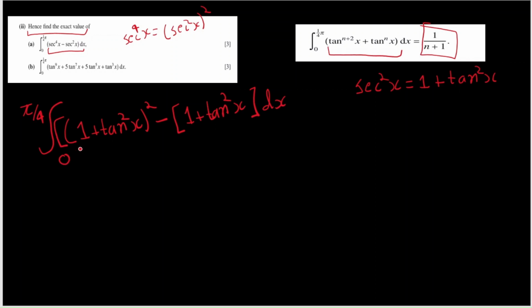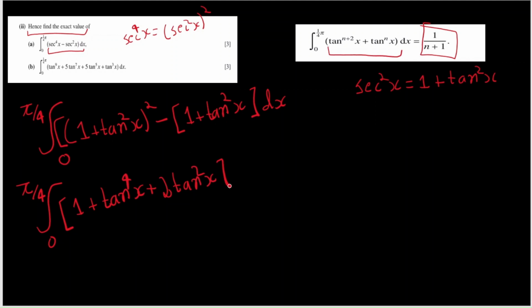Simply we are going to expand this by the (a plus b) whole square formula, which is a square plus b square plus 2ab. So this is going to become 1 plus tan^4 x plus 2 tan square x, and this is going to get multiplied, minus into minus. This is going to give us minus 1, then minus 1 plus tan square x, minus tan square x dx.